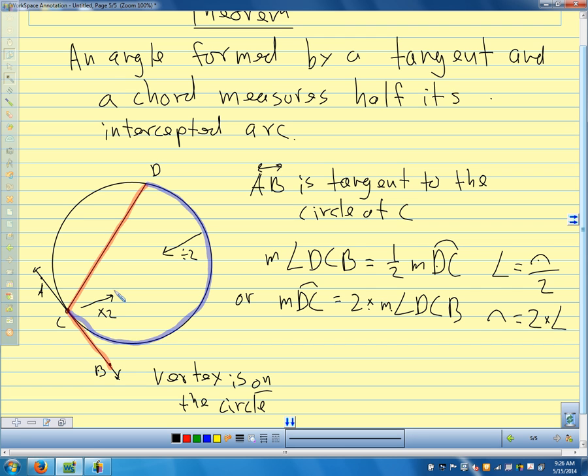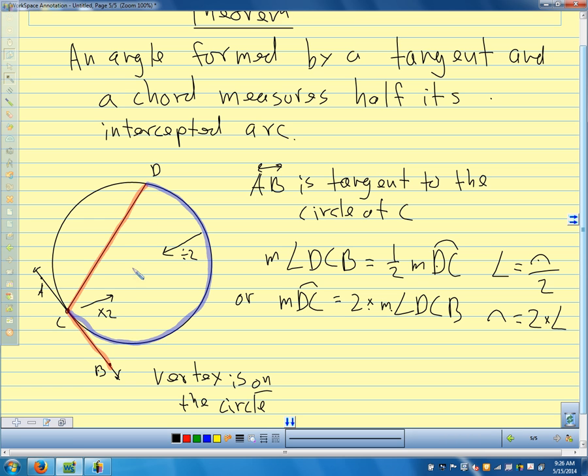Now, one place that students get tripped up here is a lot of times they'll see this tangent and they'll say, oh, that angle there, because that's a tangent, is 90 degrees. Why is that angle not 90 degrees? Or when would that angle be 90 degrees?